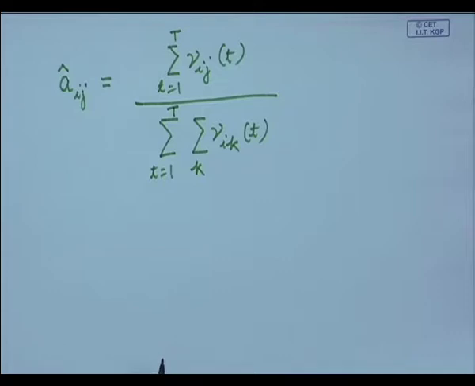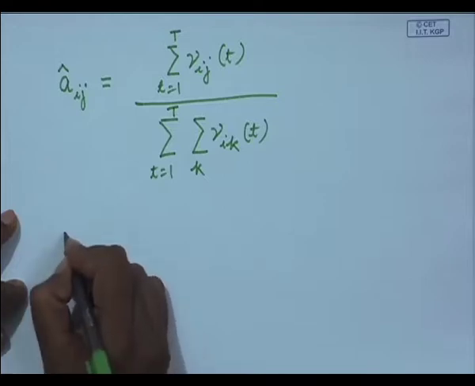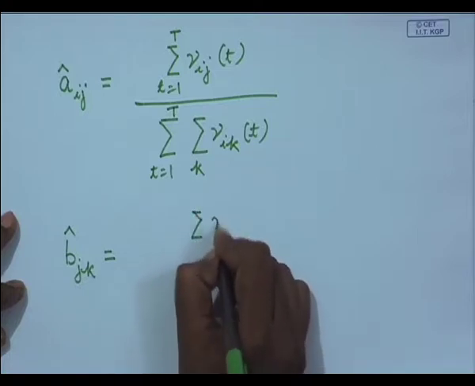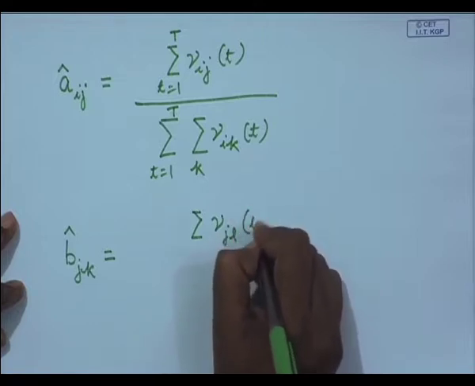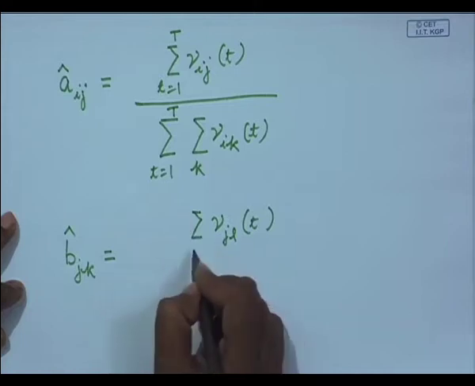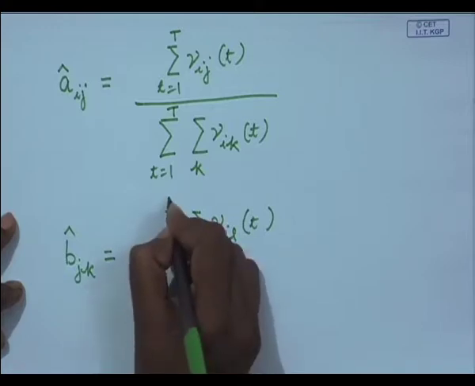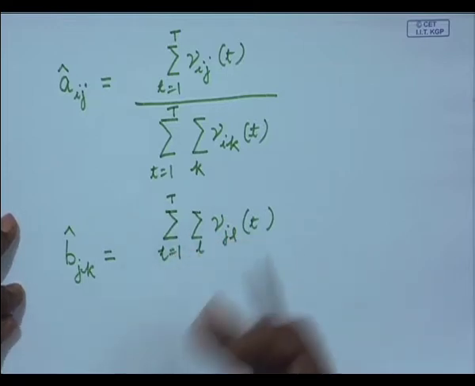And in the same manner, I can have a refined value of the probability B j k. So, I will have B j k hat, which will be given by the sum of gamma j L t, taking the summation over L, and this whole thing is to be summed over t is equal to 1 to capital T, and I have to consider only those cases where the emitted visible symbol is V k, right.